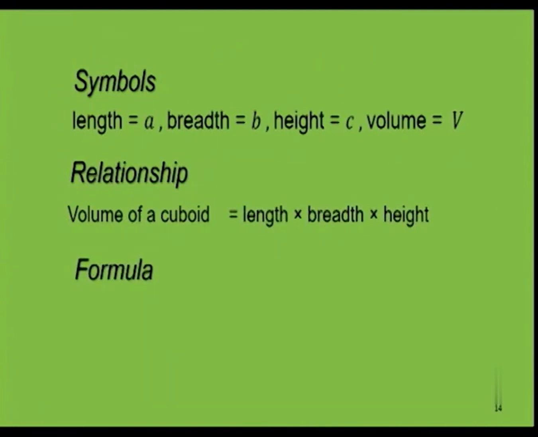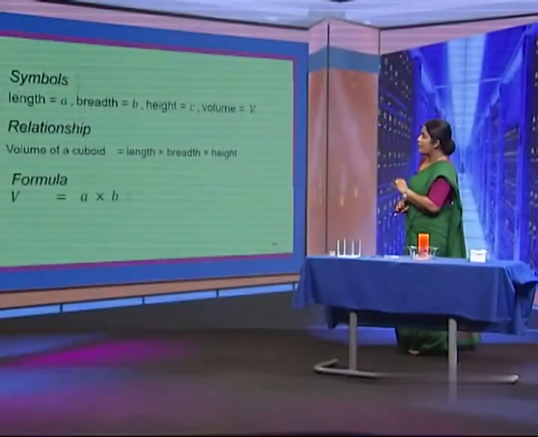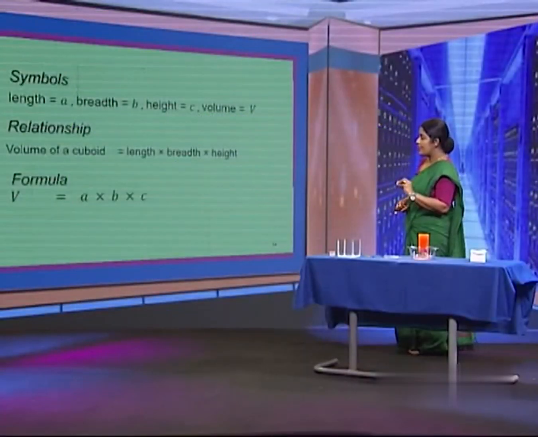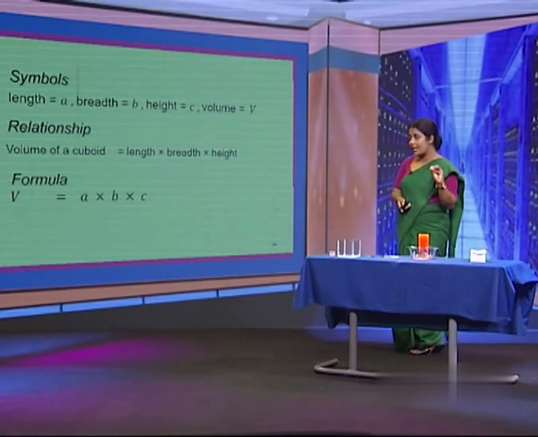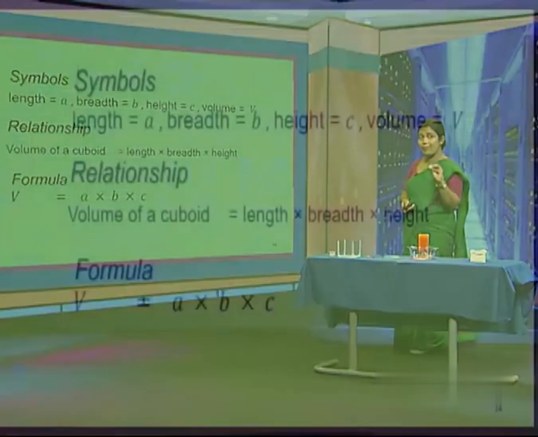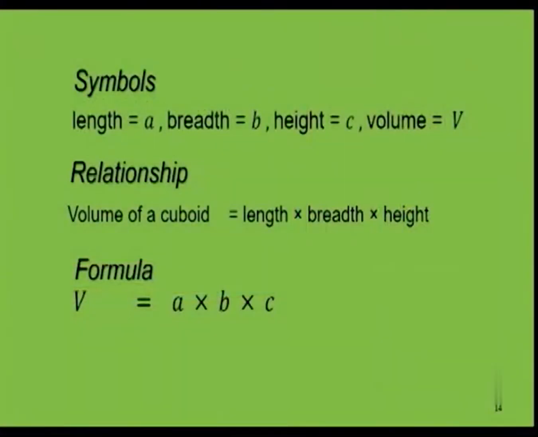Now, you have to express this relationship in symbols. Volume is represented by capital V, length is represented by small a and breadth is represented by b and c is height. You can write this as V equals a times b times c, or you can write this as V equals abc.